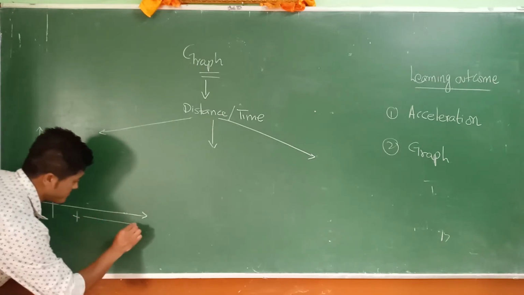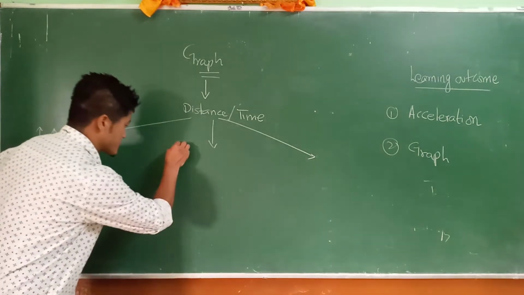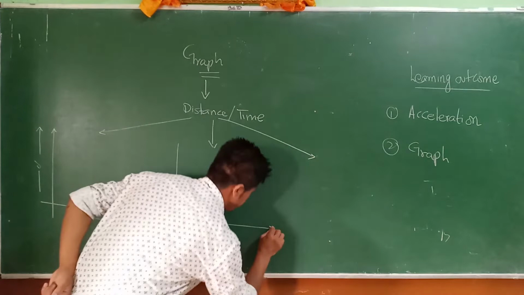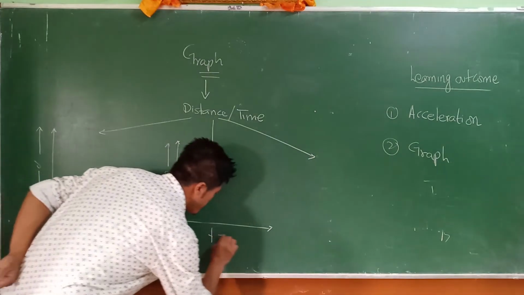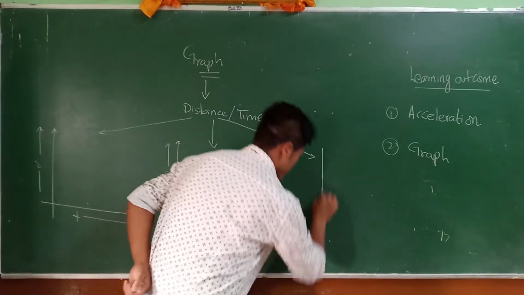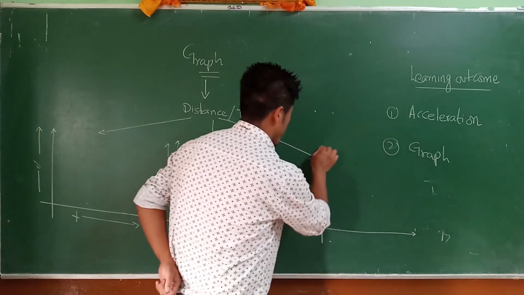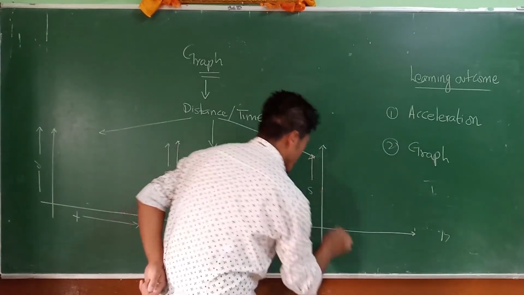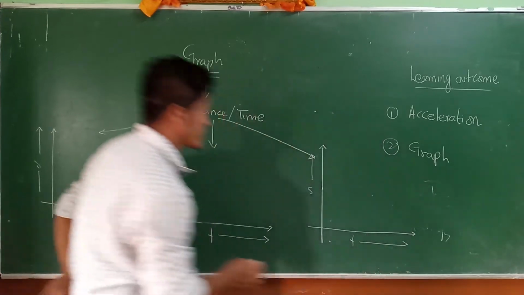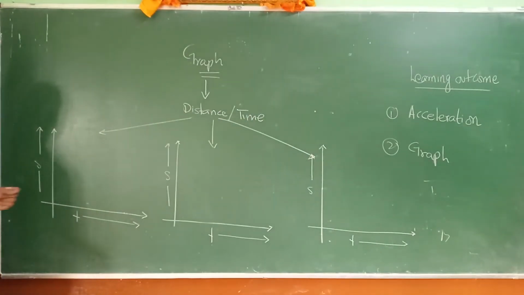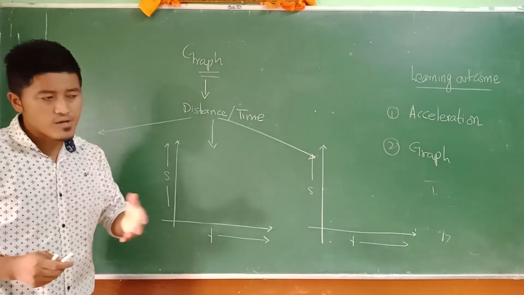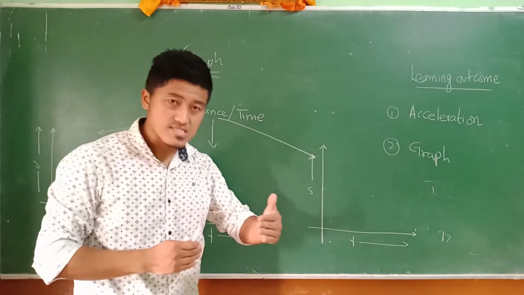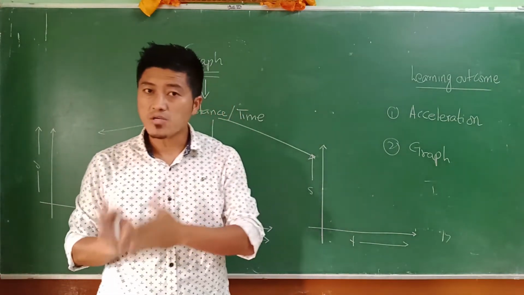And this is time on the x-axis. Now, if an object, for example on a straight highway, covers an equal amount of distance in an equal interval of time, that means we are talking about uniform motion.